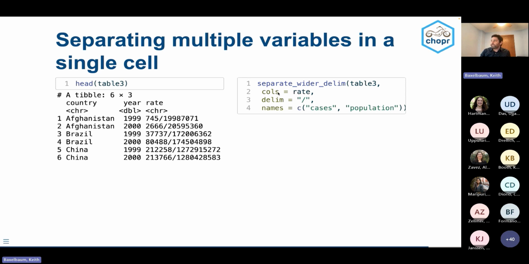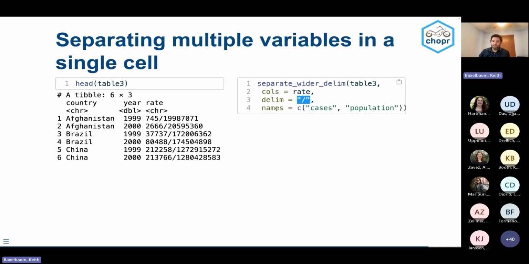And so the syntax here is just, we say separate wider delim, and then we tell it the table that has the data. So say, we're going to take table 3, we're going to separate something from table 3. And then we say, what column do you want to separate? You use this cols function to say which column needs to be separated. In this case, that column is called rate. We can just specify the delimiter because we're using the delim function. In this case, we say the delim is a forward slash.